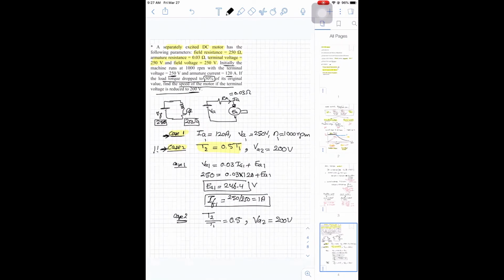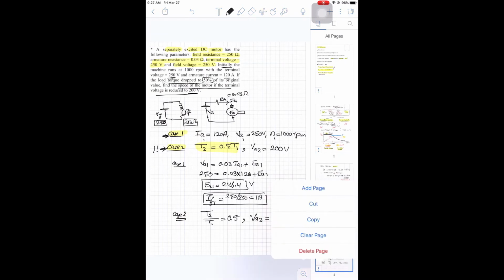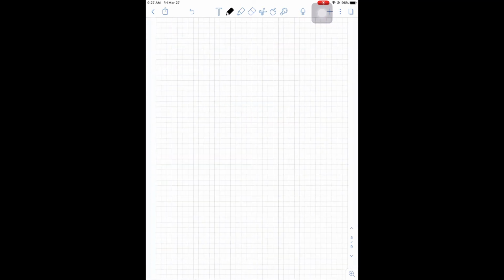So EA2 equal to VA2 minus 0.03 IA2, so EA2 equal to 200 minus 0.03 IA2. This is one equation, and in this equation we have two unknowns, EA2 and IA2. So the question is, what is IA2?